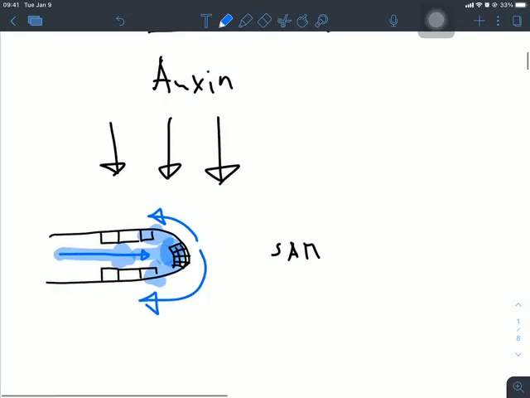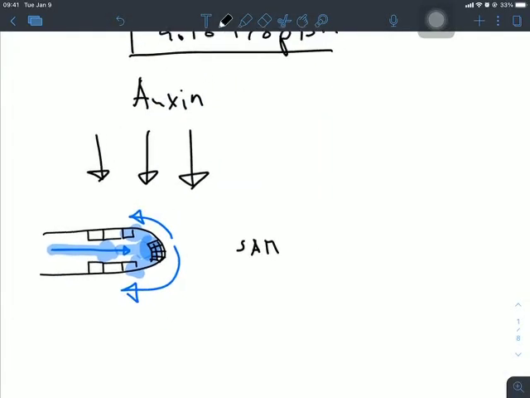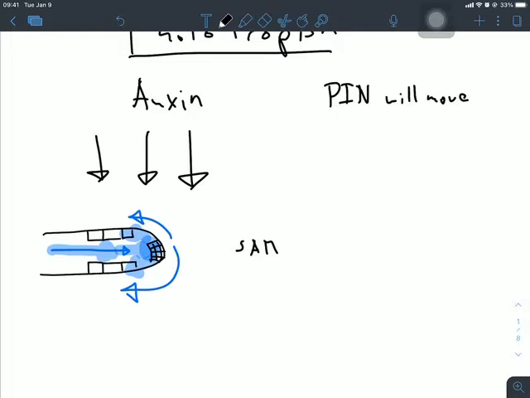But with the relocation of where the light signal is coming from, the PIN proteins will move. So that way, the transport is not even to the top and the bottom.